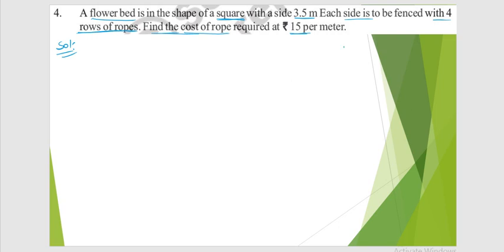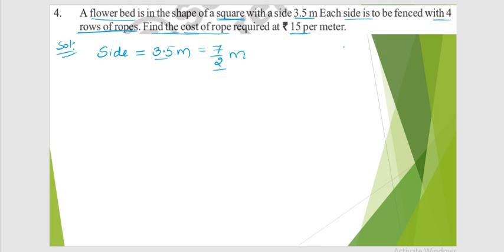Now let us see this first. What is given? The side of the square is given as 3.5 meters. Sorry, this is not centimeters, he has given it as meters, right? Then this can be written as 7 by 2 meters, since 3.5 means half of 7, right?